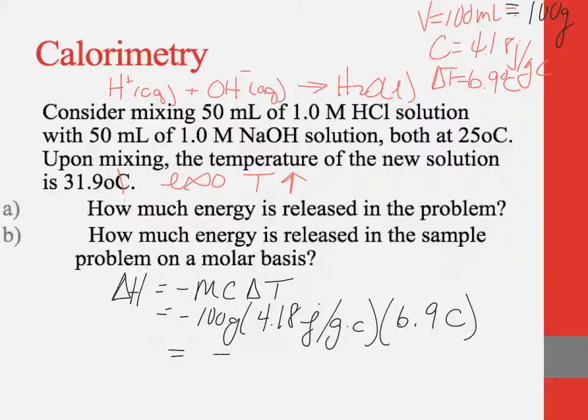And this is going to give us negative 2,884.2 joules, because this cancels and this cancels. All right, so that's the first part of the problem. That's how much energy is released. And then they want to know how much energy is released in the sample on a molar basis.